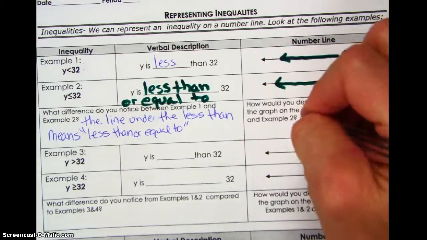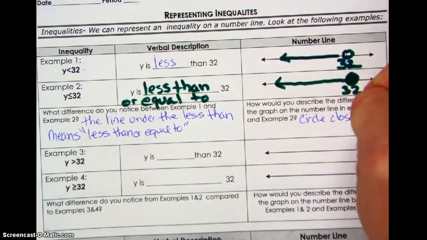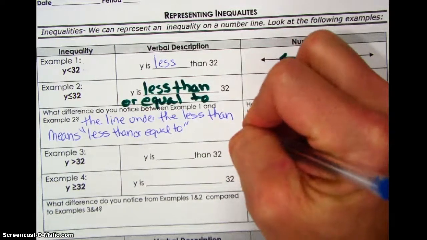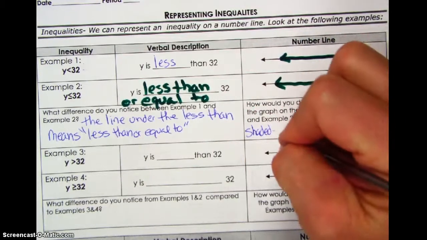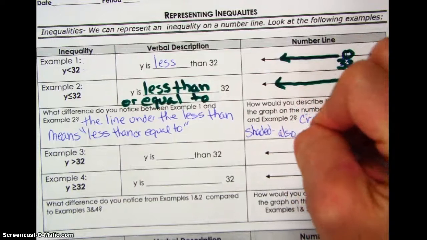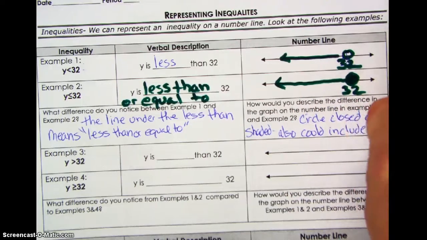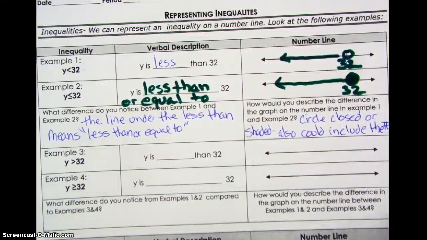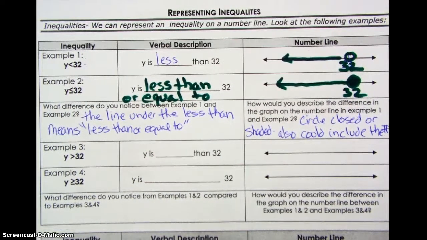The circle is closed or shaded, which means it also could include the number.